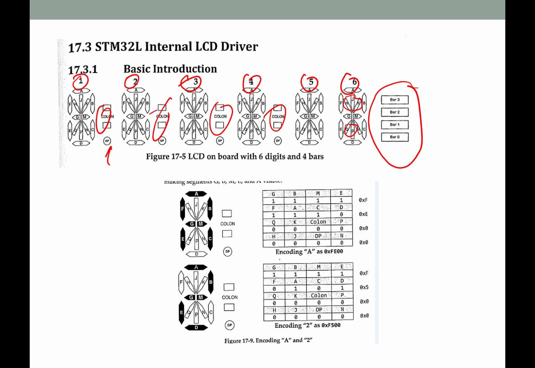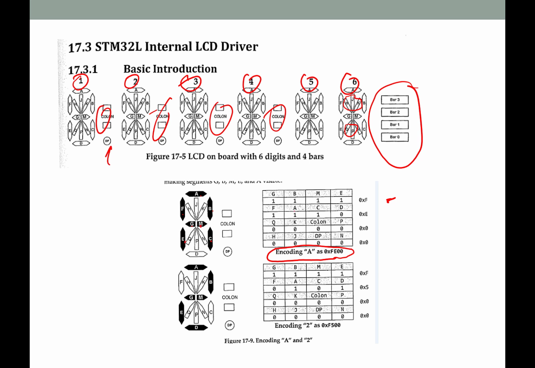It says that to encode an A, you need FE00 right there, and that's what would have to get sent to the display. What it's trying to show you is where that F is coming from. If we're doing A, we know we need segments F, A, B, G, M, C, E.